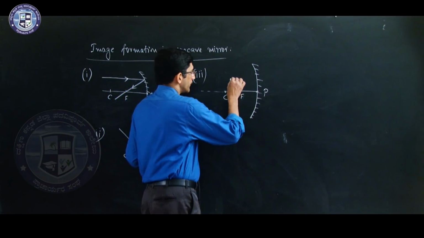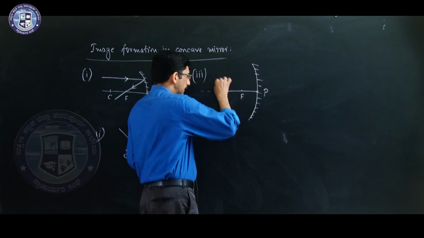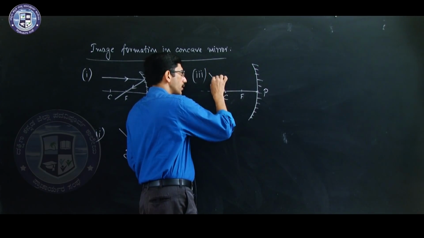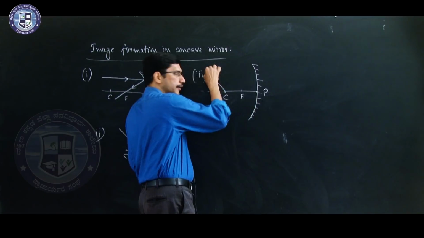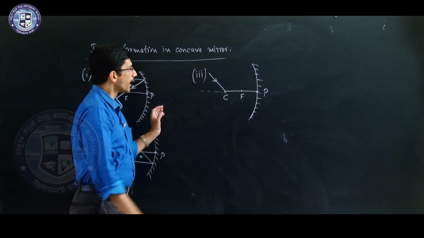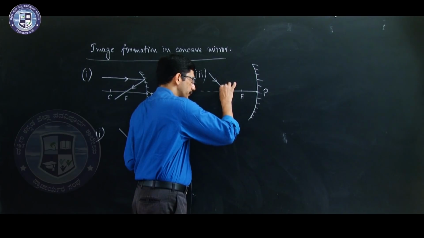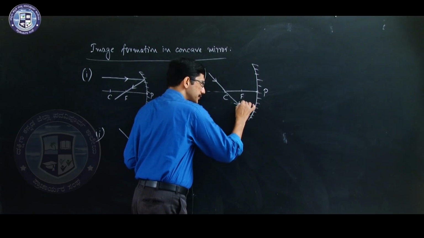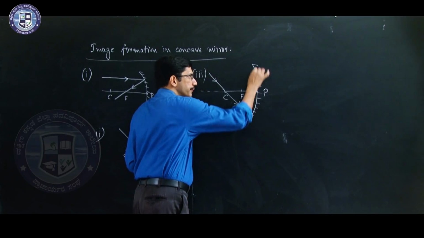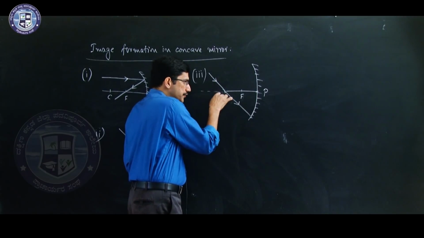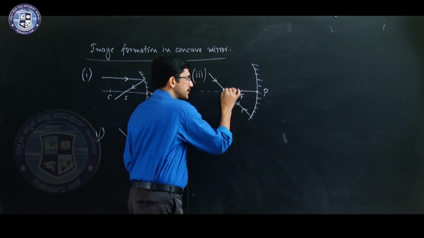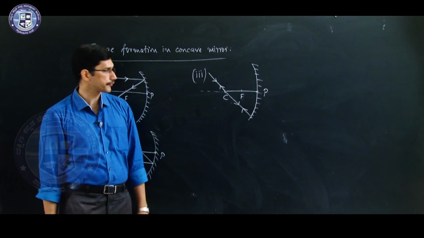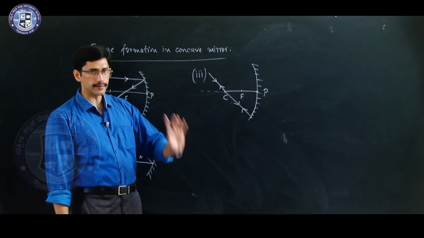Now, consider the ray which is passing through the center of curvature, or appears to pass through the center of curvature, from a given object. The object is somewhere here, and the ray is being passed through the center of curvature, and the ray which passes through the center of curvature retraces its path. The light is incident on the mirror after passing through the center of curvature, and it retraces its path. That means after undergoing reflection, it passes through the center of curvature. So, that is the third ray that could be considered.